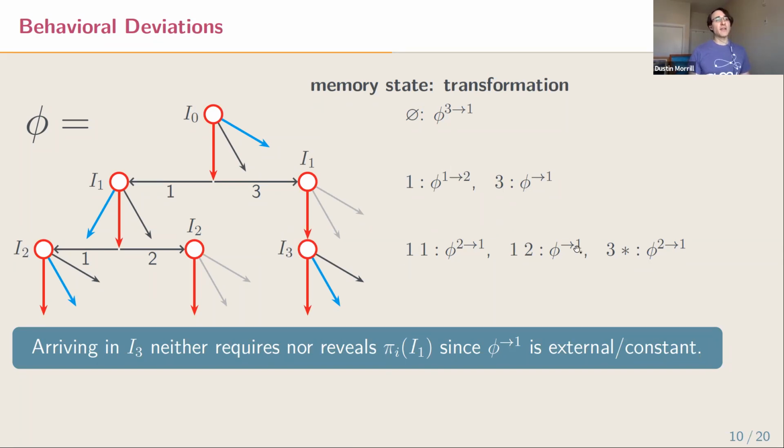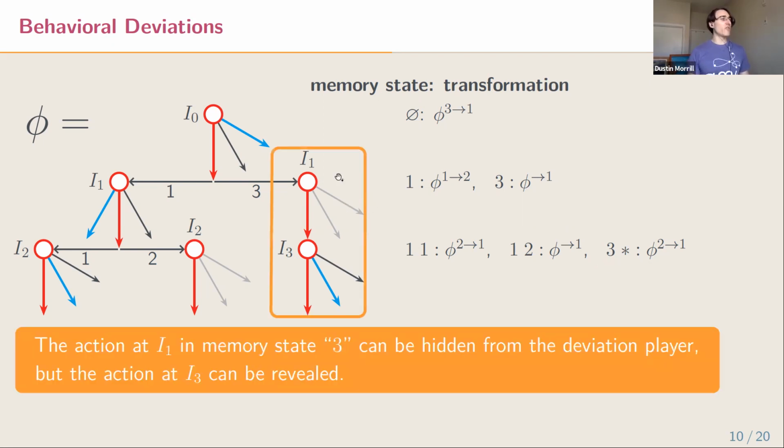And so we don't get any information about what the input strategy pi I at information set I1 was. So there's only going to be one other memory state there, and it's this 3-star memory state. So here, notice that we've hidden information from the deviation player at this information set.